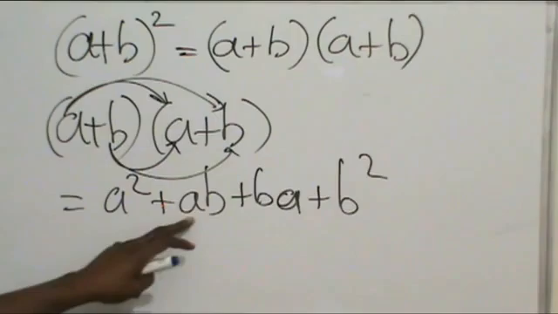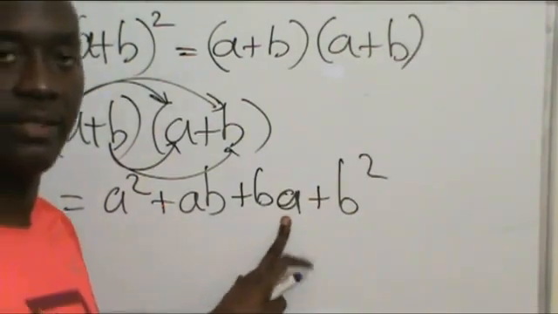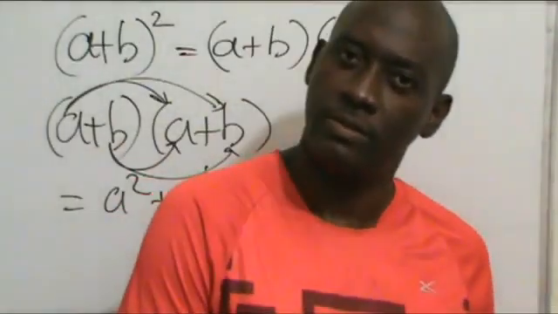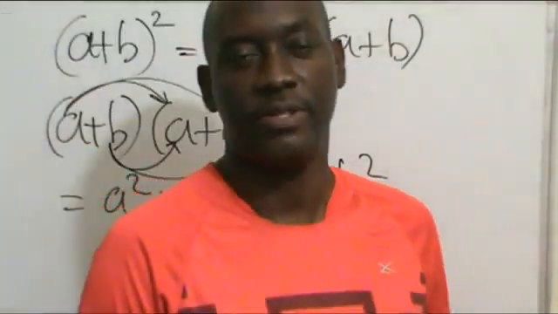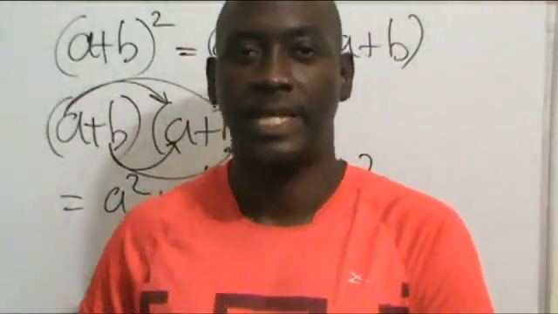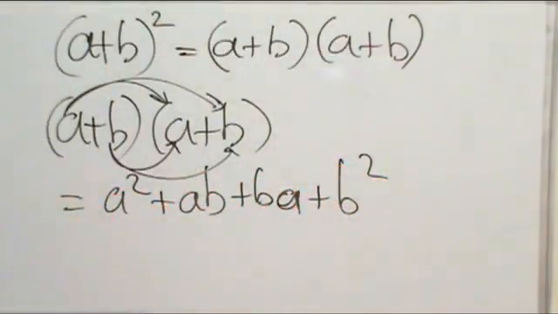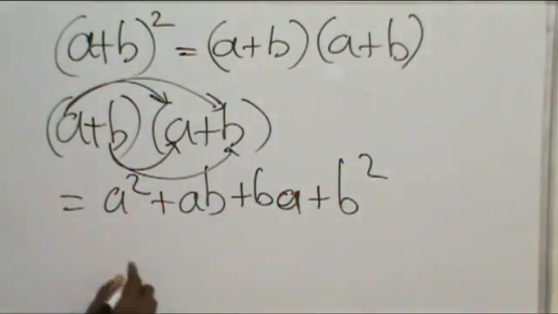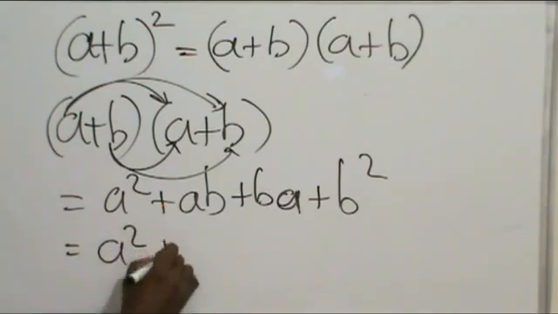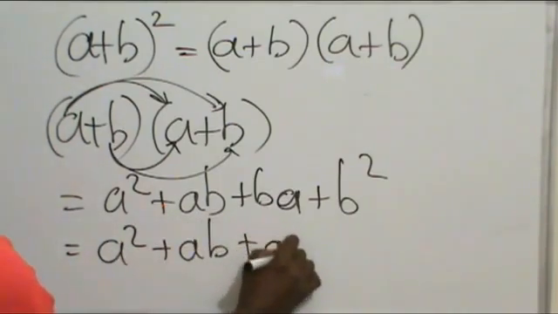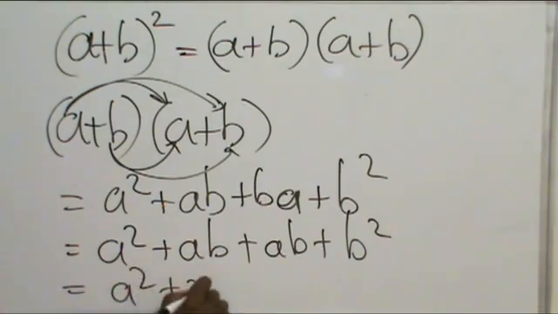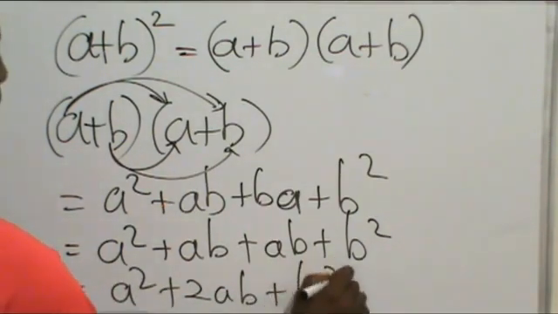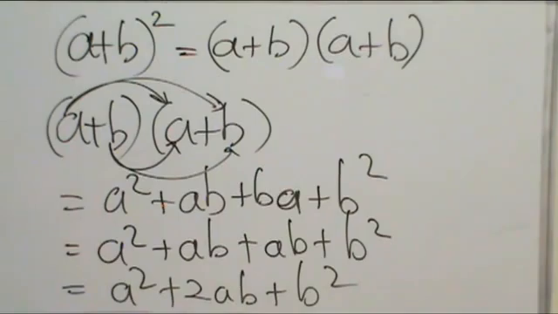Now a by b is the same thing as b by a. 2 by 3 is 6, 3 by 2 is 6. 4 by 5 is 20, 5 by 4 is 20. So in general, ab is the same thing as ba. So we can write this as a squared plus ab plus ab plus b squared, which is equal to a squared plus 2ab plus b squared. So keep that in mind.